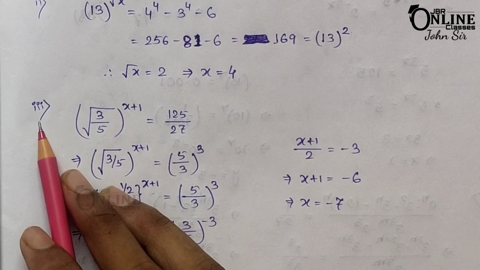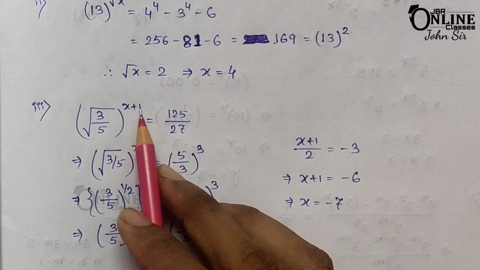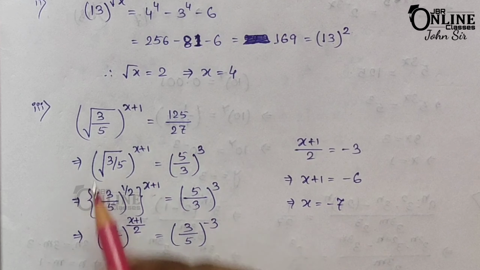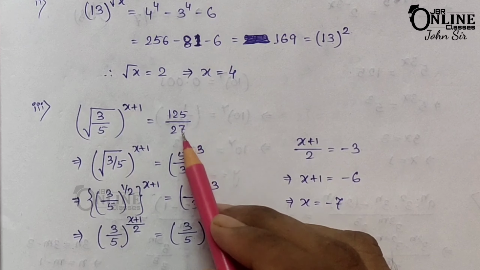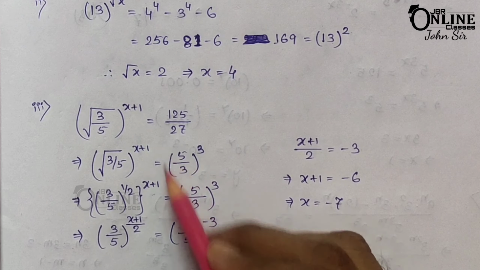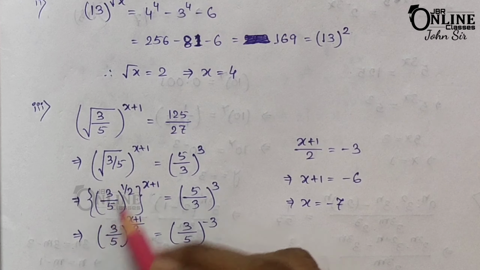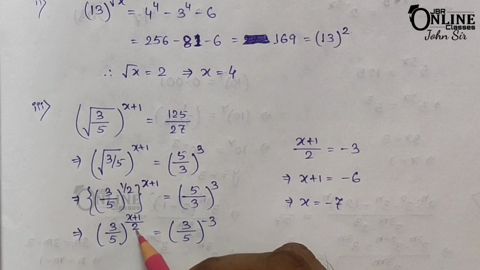Next one, number 3. Root over 3 by 5 whole to the power x plus 1, that equals 125 by 27. Clear? So root over 3 by 5 whole to the power x plus 1; 125 and 27 means 5 by 3 whole cube. So again, as here root means whole to the power half, half multiplied with this one will be x plus 1 by 2.